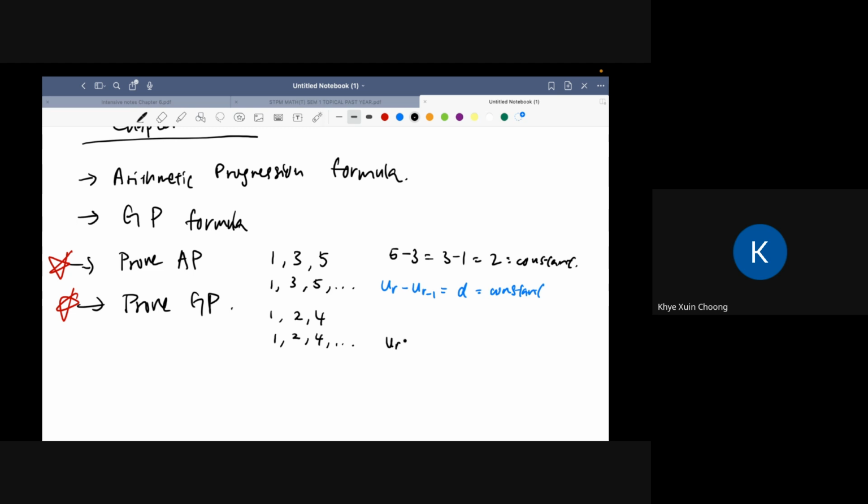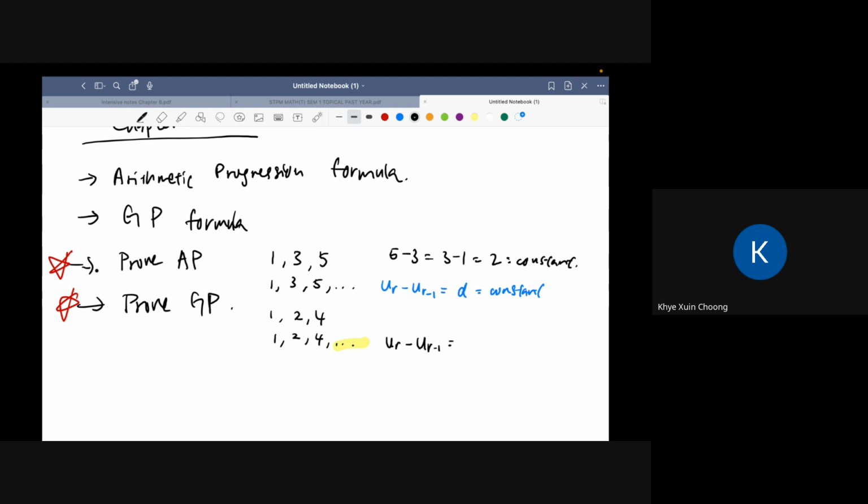So if you can find the r-th term, which we call the general formula, then you do it in the general way. It means that every term fulfills this condition. If you just prove the first three terms, then only the first three terms fulfill this condition. So you need to notice this. Try not to lose marks on this.